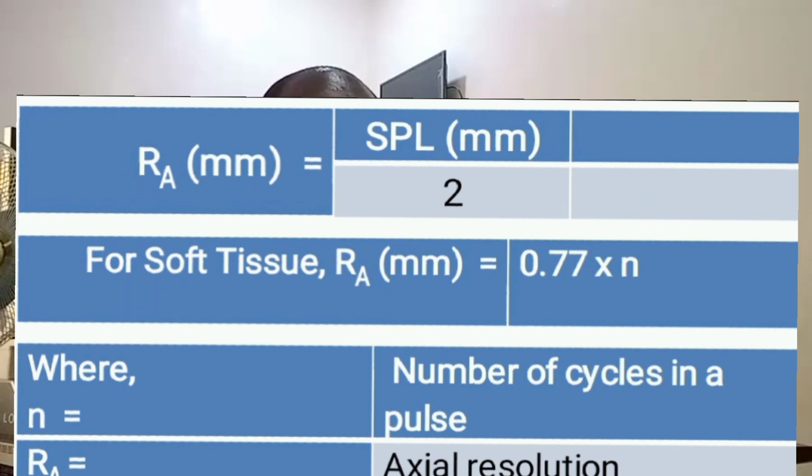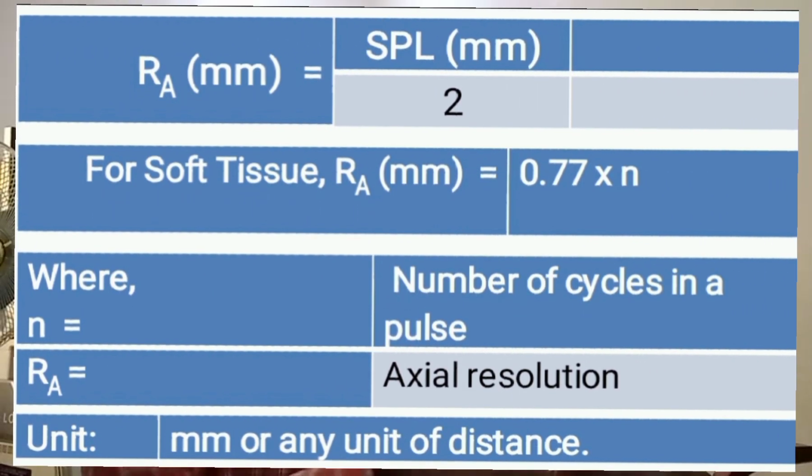This also means that a wide bandwidth transducer has good damping and short pulses. So axial resolution is actually determined by this equation. From the equation, you understand that the smaller the number, the better the resolution and image quality.